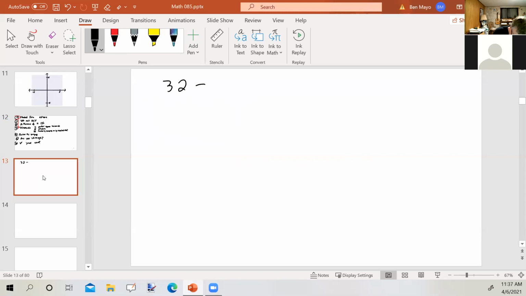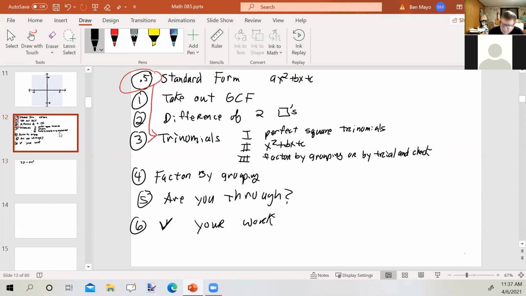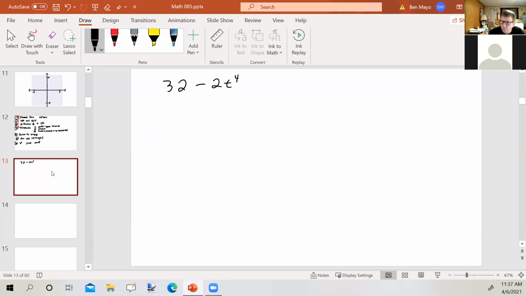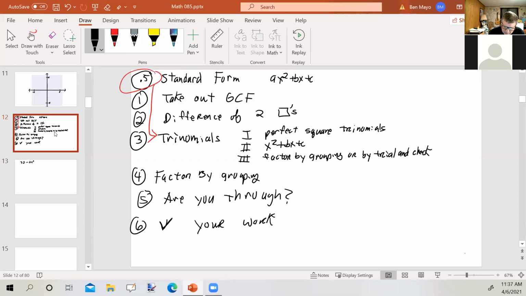32 minus 2t to the 4th power. All right. That's not in standard form, is it? Because the t to the 4th should be first. However, since it's a binomial, I'm more concerned about, is it the difference of 2 squares than I am about standard form.